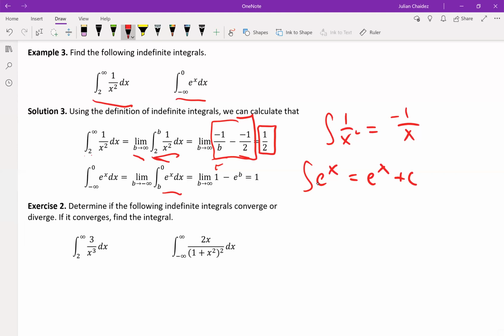And now if I take the limit as b goes to negative infinity, the e to the b part will go away, because as b goes to negative infinity, e to the b gets very, very small. So the limit there is just 1.